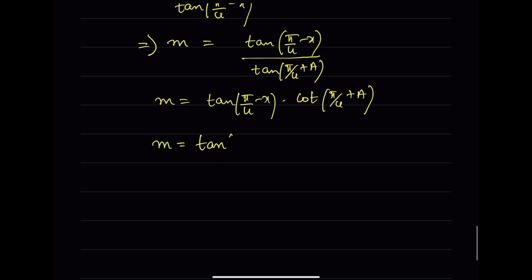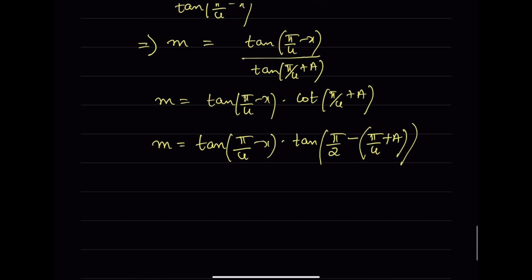m is equal to, let me rewrite this equation. This is tan of pi by 2 minus pi by 4 plus a, because tan of pi by 2 minus x is cotangent or cot x. So now m is equal to tan of pi by 4 minus x times tan of pi by 4 minus a.